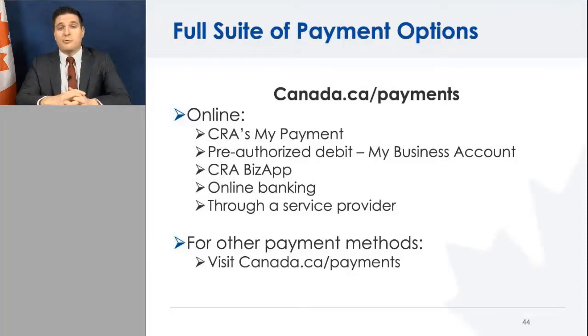Second, you have Pre-Authorized Debit through My Business Account. Third, you have the CRA Biz App. Fourth, we talked about online banking. And finally, payments by credit card, PayPal, or Interac e-transfer through a third-party service provider.